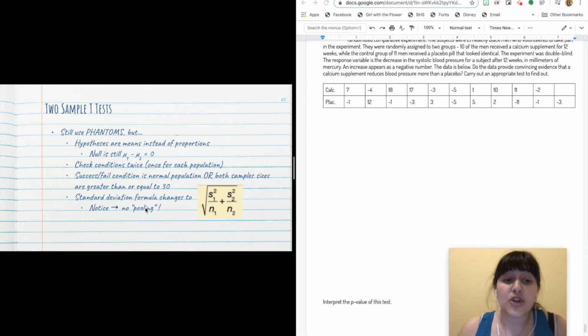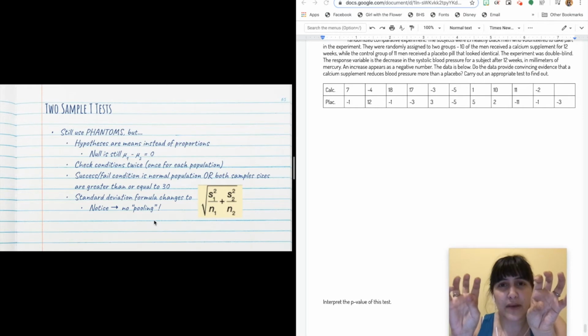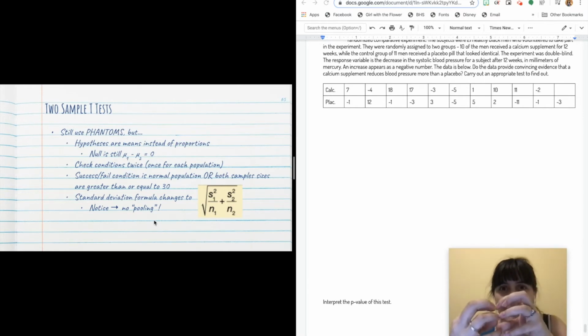The one thing I want you to notice is that there is no pooling. So take a second, think back to unit 7 when we first did these two sample tests for proportions, and I told you that you had to take your first population proportion and your second population proportion and combine them somehow.